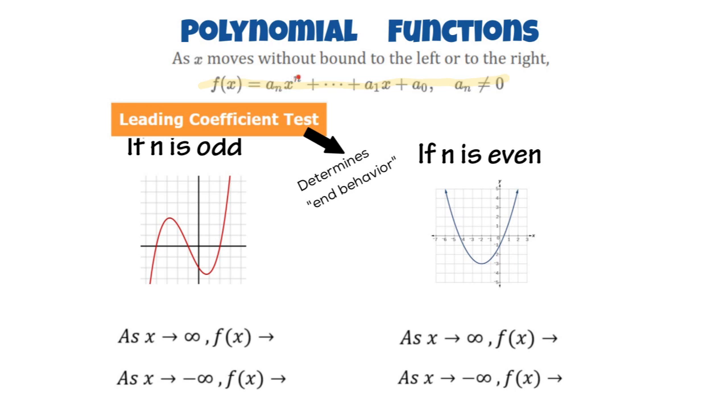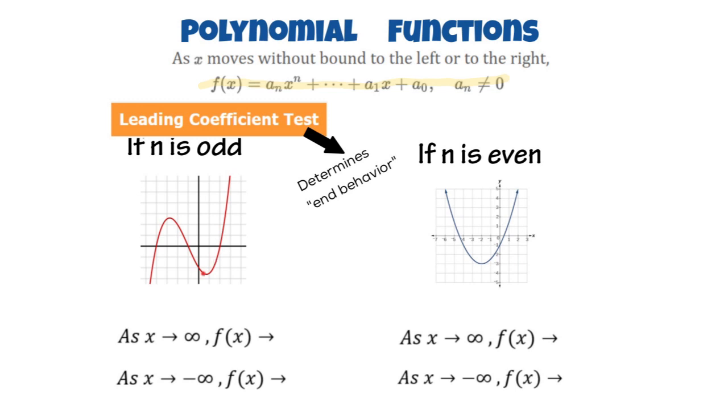If that highest power is odd, like for instance a 3, then your graph is always going to look like this. If it's a 5, it just means that it's going to go down and back up. If it's a 7, it's going to go down and back up. And so it always ends up starting low and ending high. So when we look at this, we say that as x approaches infinity, the farther to the right you get, your y value is also going to approach infinity.